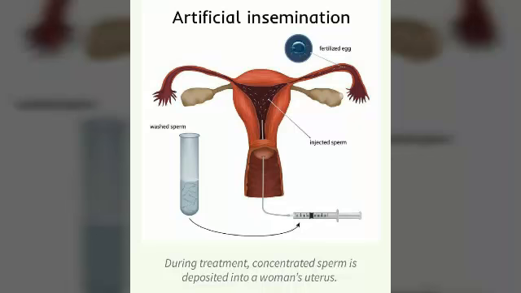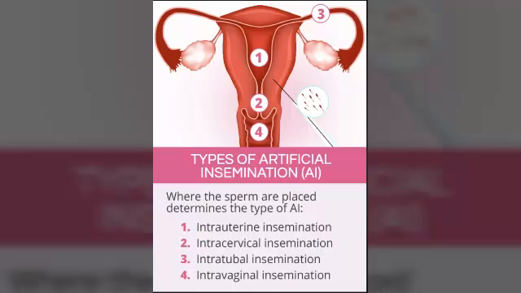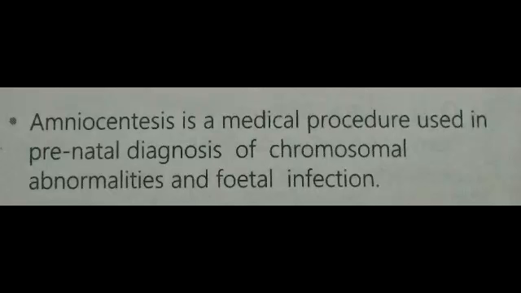So this is the diagram which represents artificial insemination and its different types, like intrauterine insemination, intracervical insemination, intratubal insemination, and others.